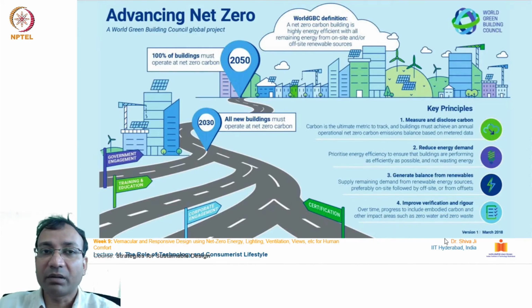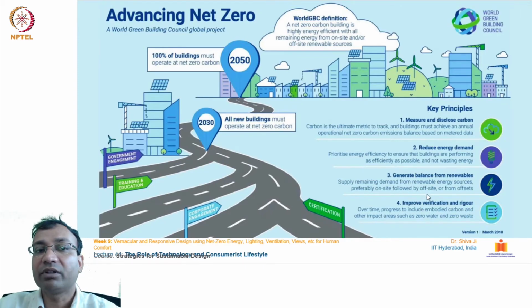And the key principles derived from here: first, measure and disclose carbon. Carbon is the ultimate metric to track, and buildings must achieve an annual operational net zero carbon emission balance based on meter data. Second, reduce energy demand. Prioritize energy efficiency to ensure that buildings are performing as efficiently as possible and not wasting energy. Thirdly, generate balance from renewables.